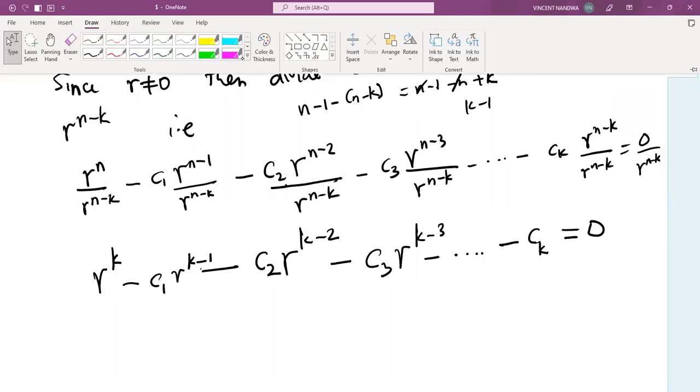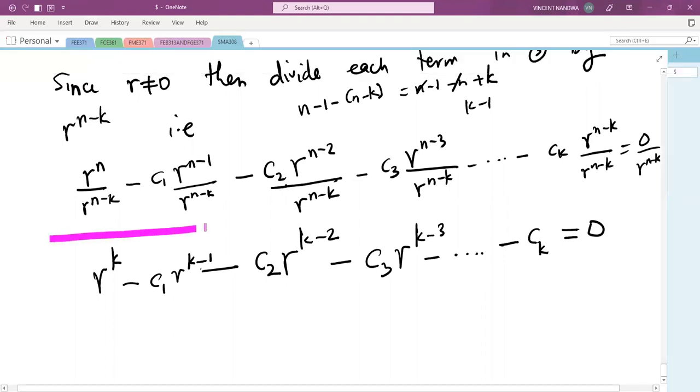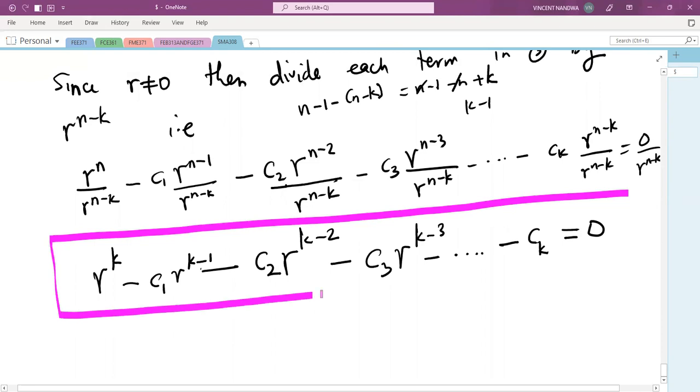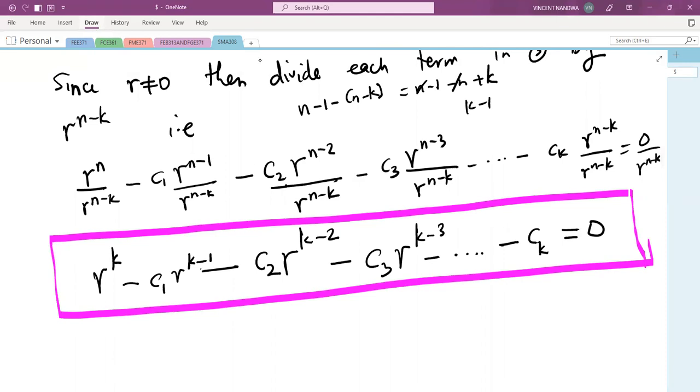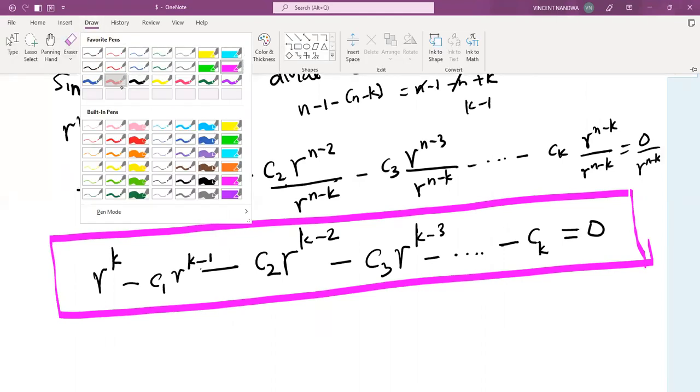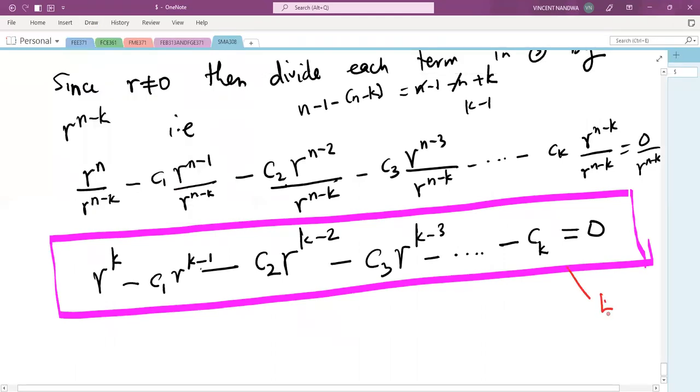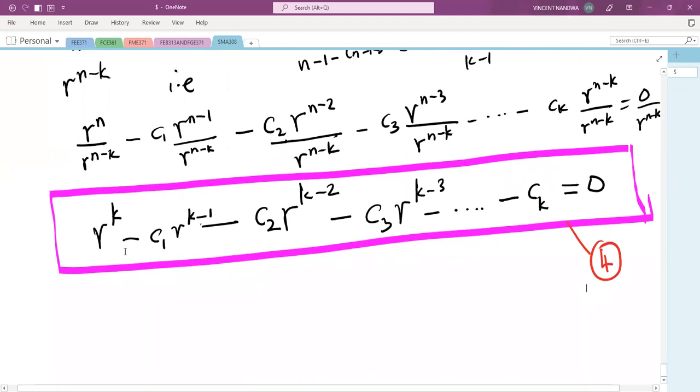So let's call this one equation 4. Now, when you solve equation 4, which is an equation of degree k, then we find the values of r, different r.